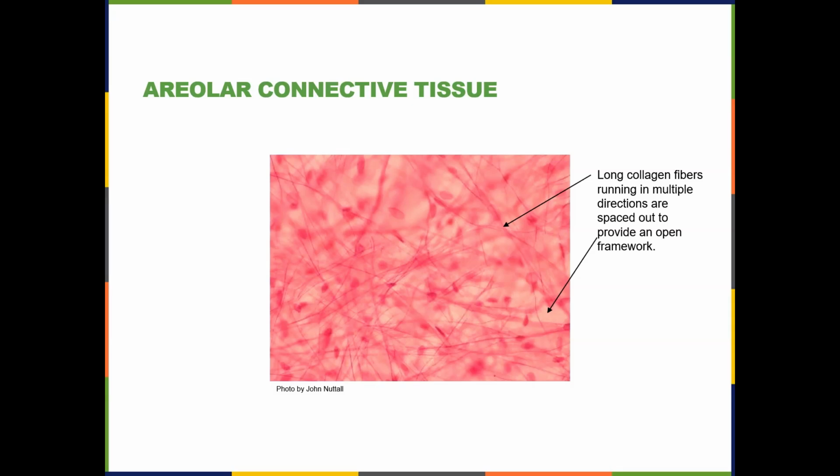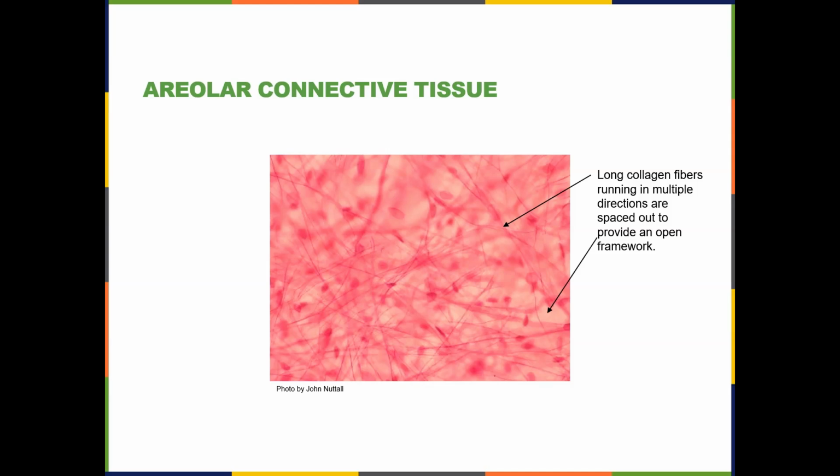The cell types include mesenchymal cells, which are a stem cell that produces the variety of cells in connective tissue. Mesenchymal cells can differentiate into fibroblasts that produce the fibers of the extracellular matrix, and fibroblasts then differentiate into fibrocytes.